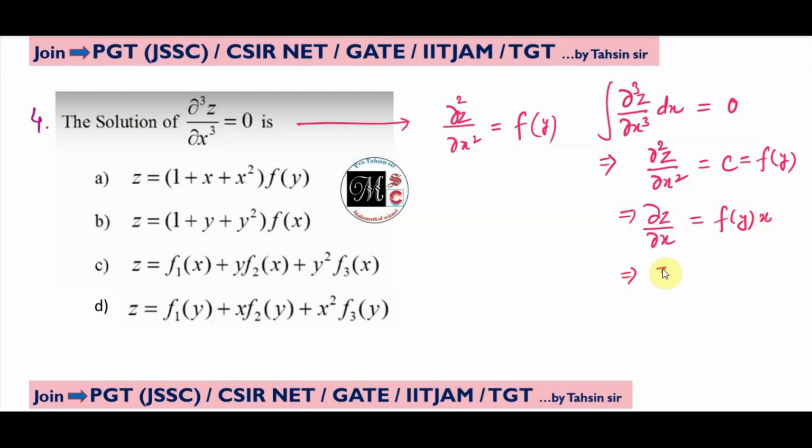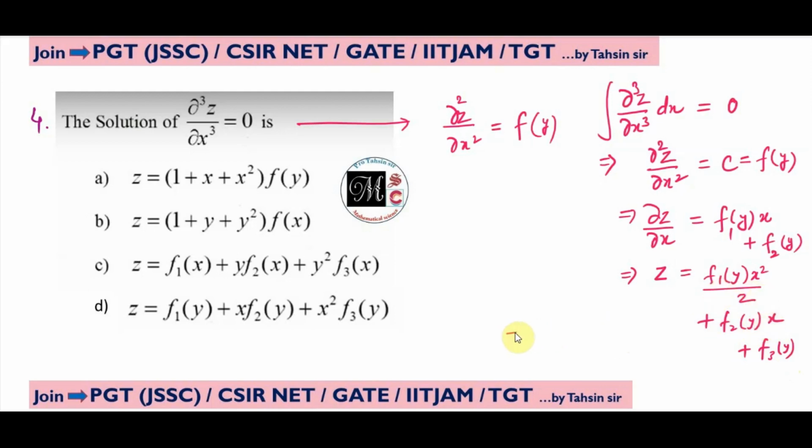Again integrate, then we get z equal to what, with another constant, say f1(y) and f2(y). So again integrating, we get f1(y) times x square by 2, plus f2(y) times x, plus f3(y), right.